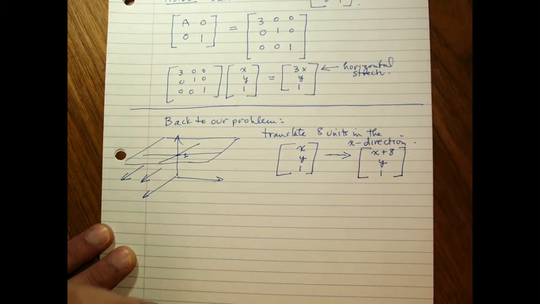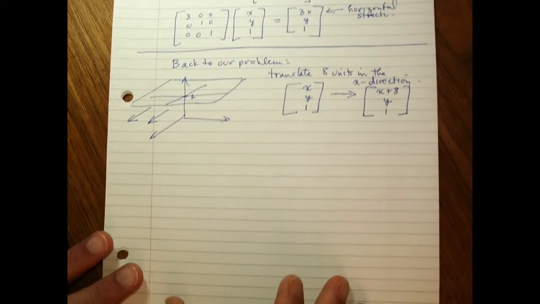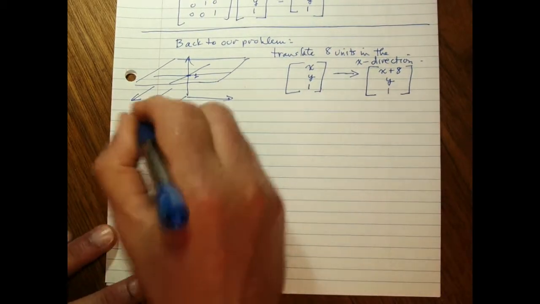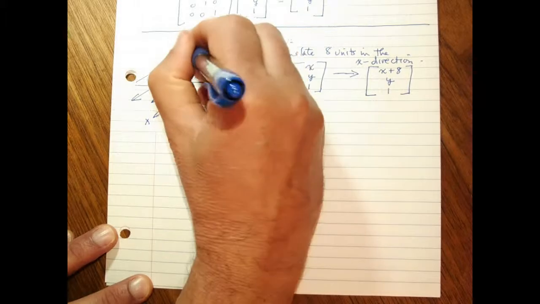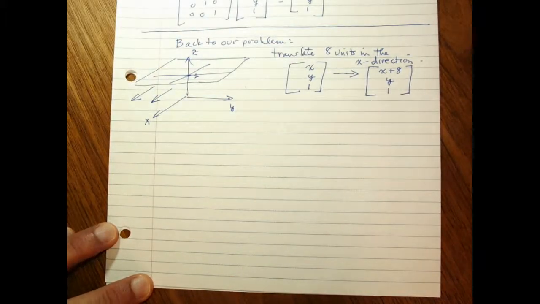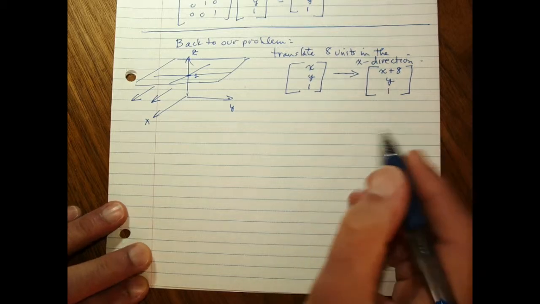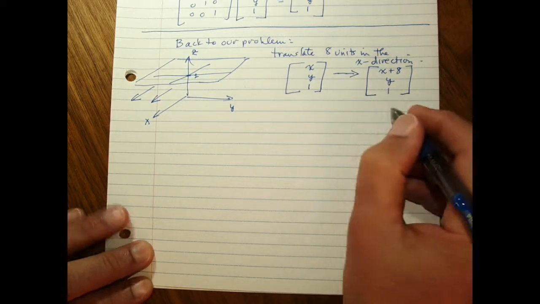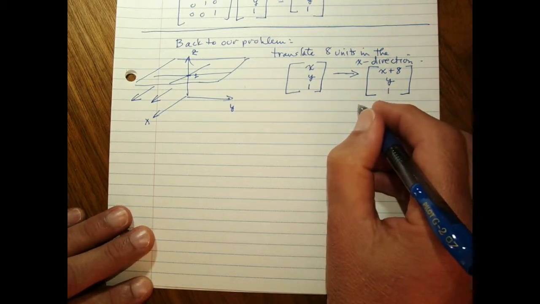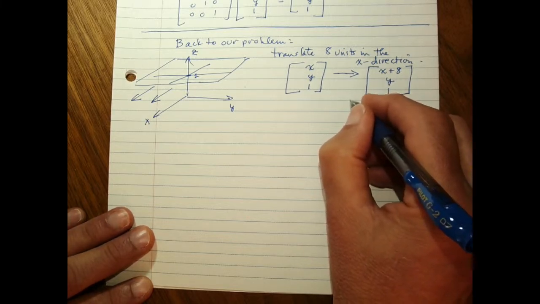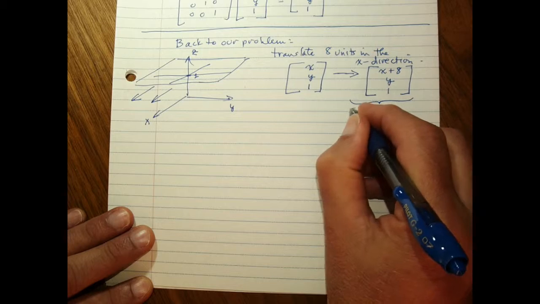Now we want to describe this change as a linear transformation in R3. So we need a 3 by 3 matrix. And again, without getting into too much theory, I'm just going to describe how we can write that matrix down without too much trouble.